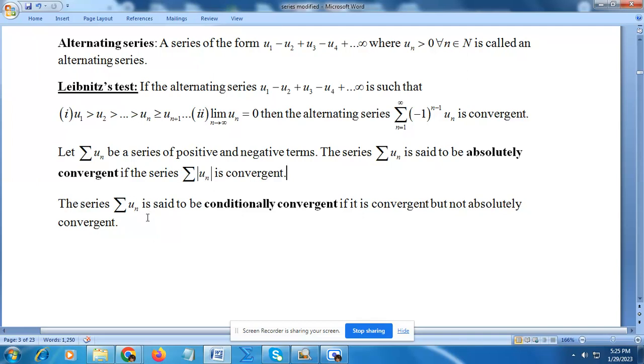And the series sigma un is said to be conditionally convergent if it is convergent but not absolutely convergent. That means the alternating series converges but sigma mod un diverges. Then we say that it is conditionally convergent.